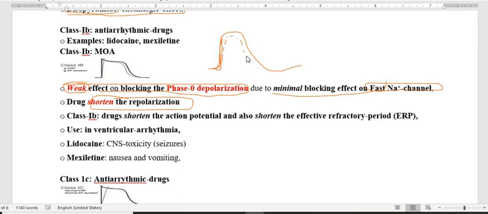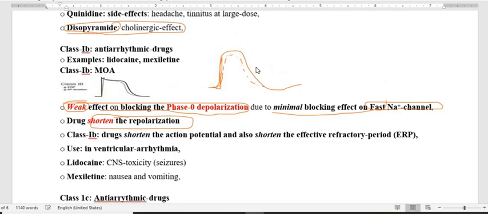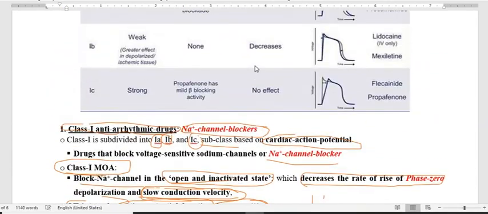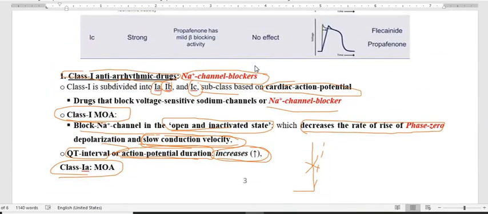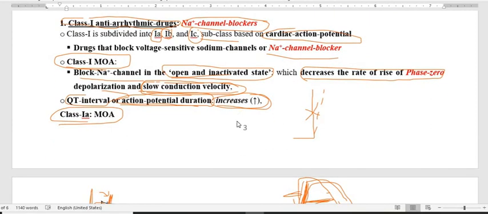But in case of 1A, the repolarization state is delayed, prolonged.